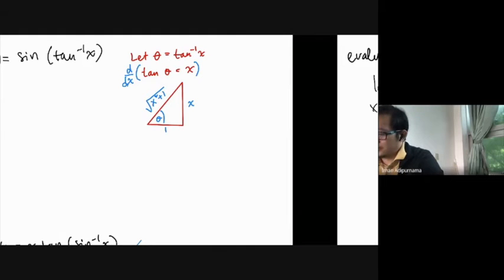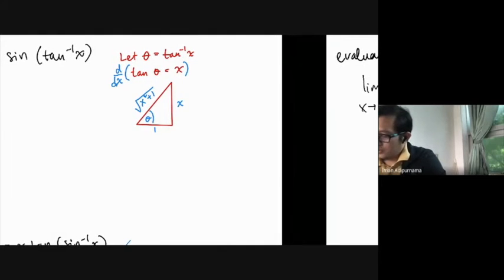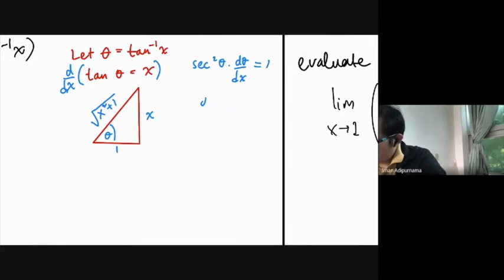So derive tangent theta will be secant squared theta, and then d theta dx equal 1, right? Theta is actually our y, our function, but let me just write theta so that it makes sense. It's the angle. So d theta dx is 1 over secant squared theta.